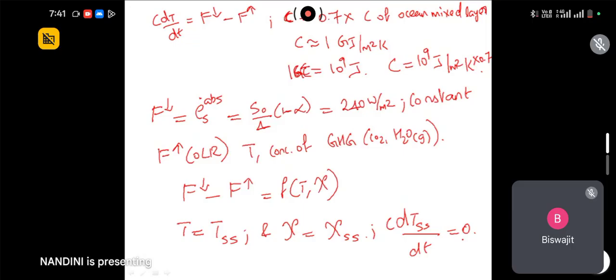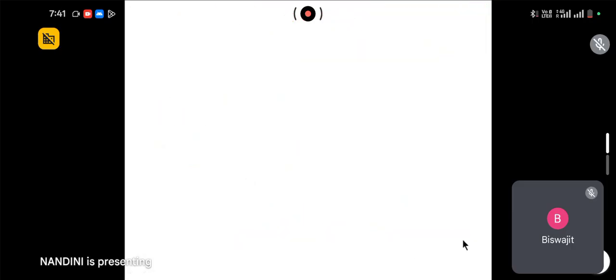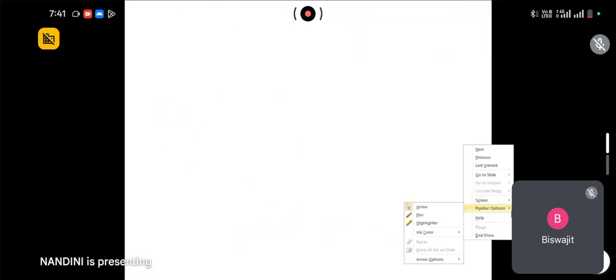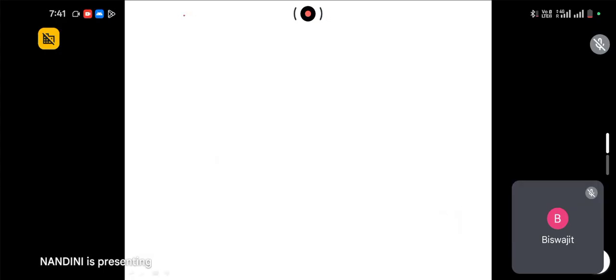If we slightly perturb the climate, that is, we change the temperature from T SS to T SS plus T dash, and chi to chi SS plus chi dash, this is the new temperature and new concentration.